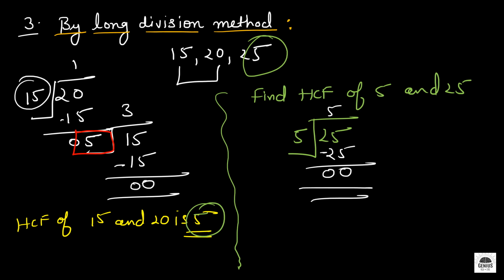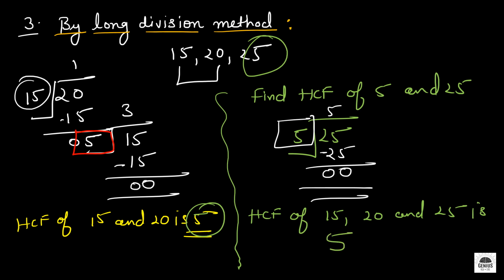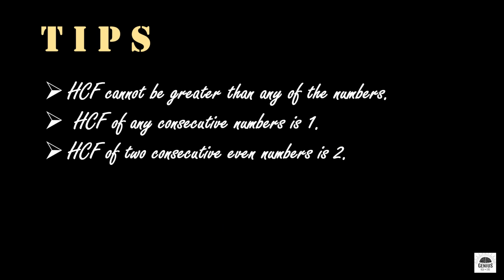Now the remainder is 0. So the last divisor, which is 5, is the HCF of 15, 20 and 25. So the HCF of 15, 20 and 25 is 5.